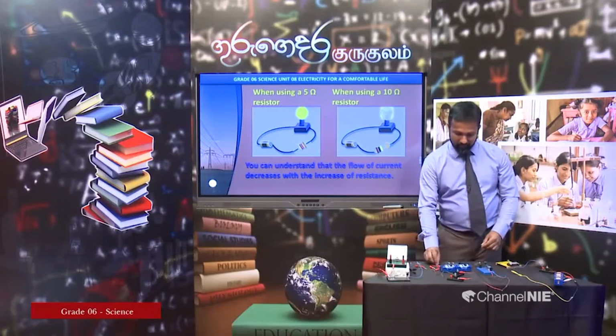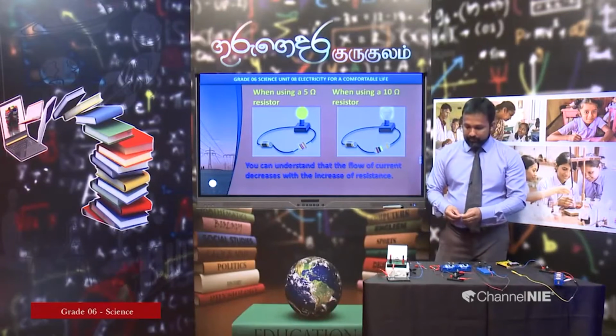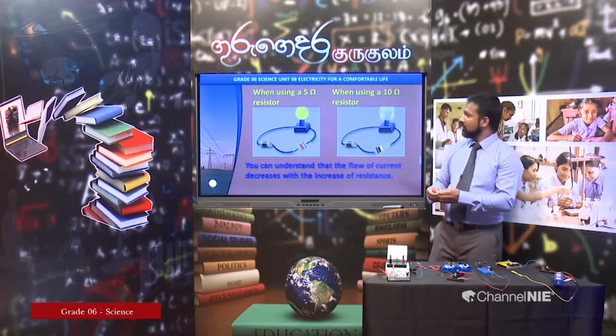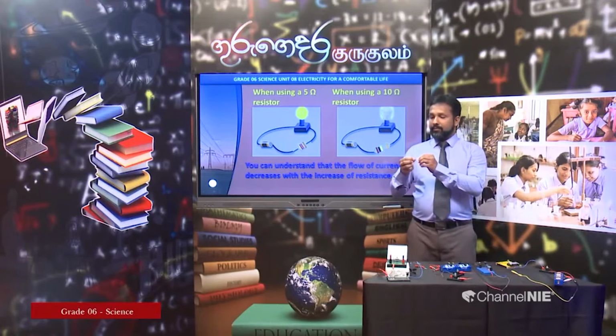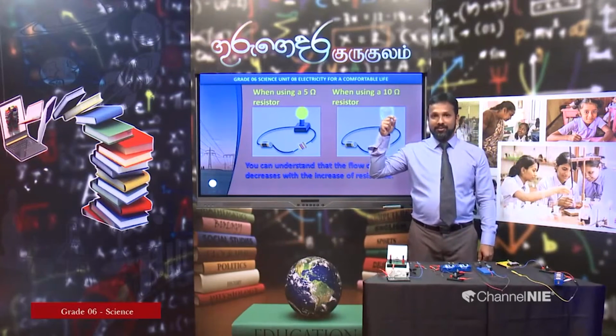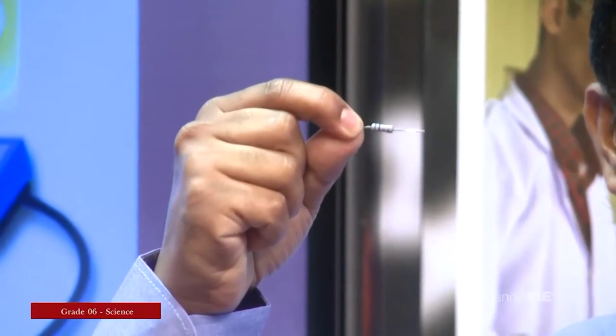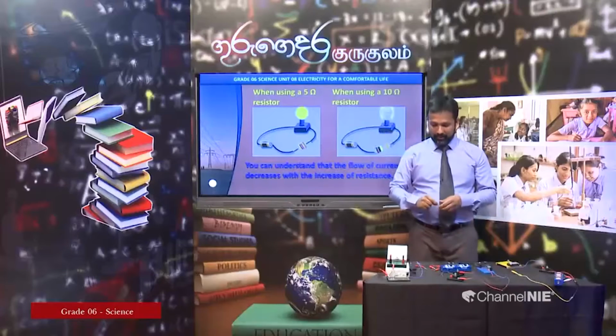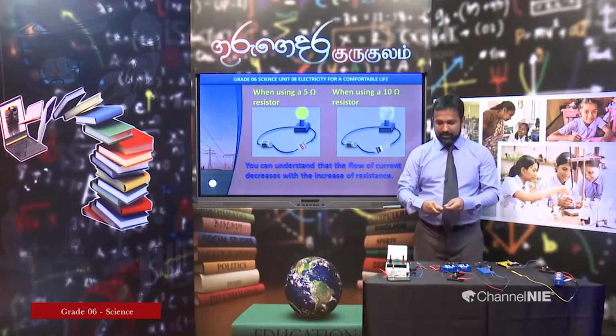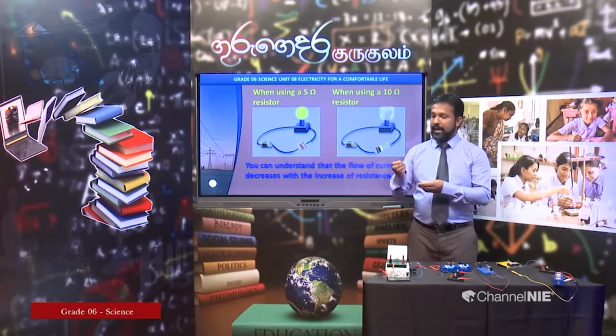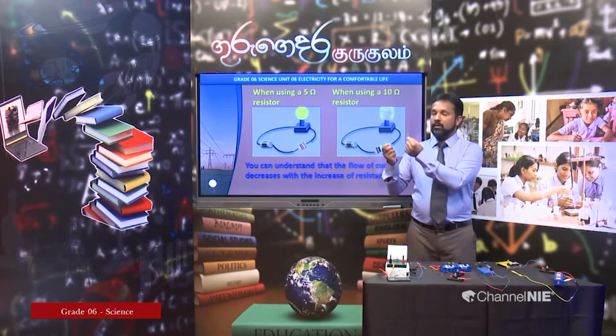Here, I brought a resistor with 5 ohm resistance and another resistor with 10 ohm resistance. This has 5 ohm resistance.